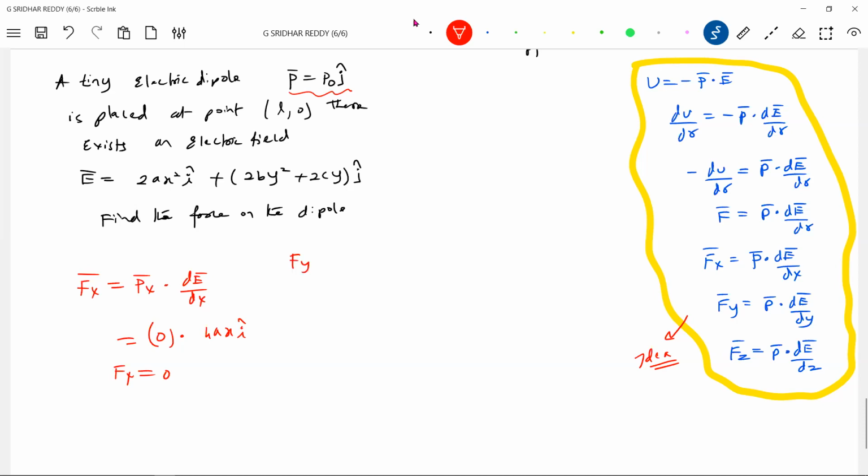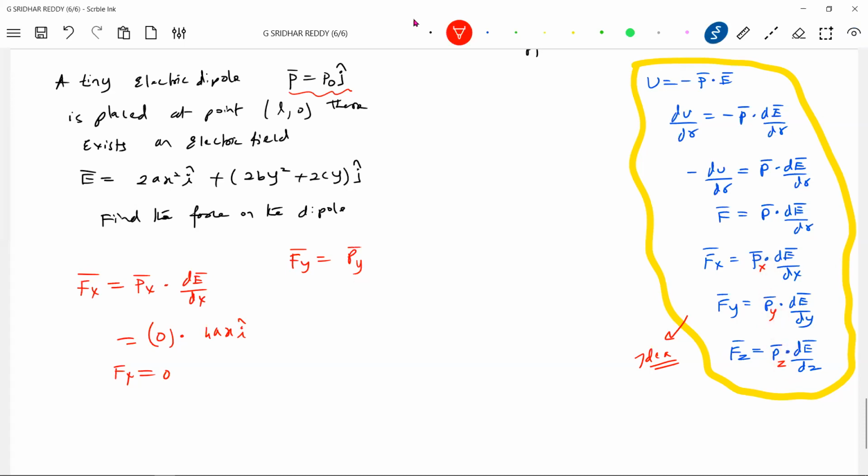Similarly, Fy equal to Py bar. Sorry, I just made some correction. Just see this one. The component of the dipole moment along that field has to be taken.